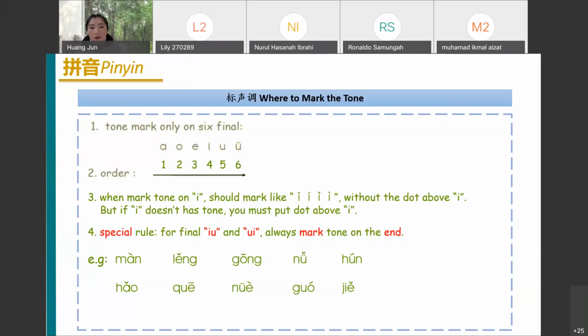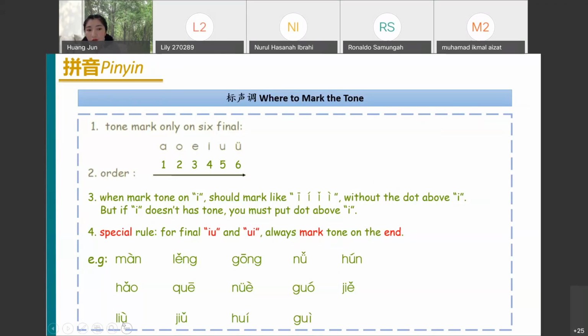Then number 4, let's check over here. We have a special rule for number 4. If you see the final I, U, and U, I together, no matter which one, then you always remember the tone mark goes on the end, on the last letter.